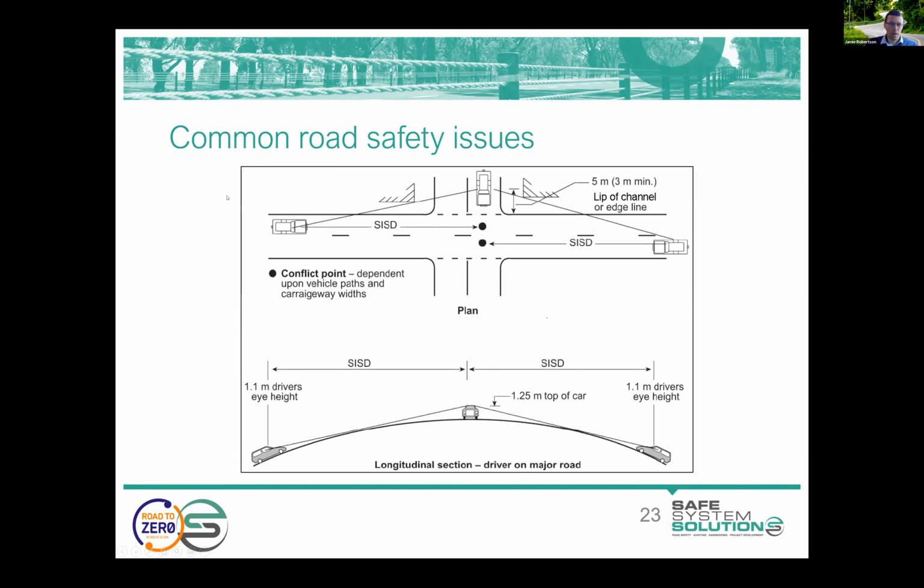Another thing that I'll point out here, a key difference between some of the sight distance requirements as per Austroads, is the height from and to which we are measuring. So all sight distance requirements will be measured from a driver eye height to some other height. That might be to the top of a vehicle as per safe intersection sight distance.